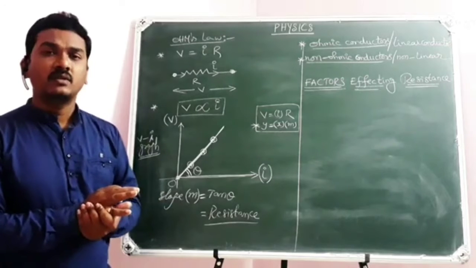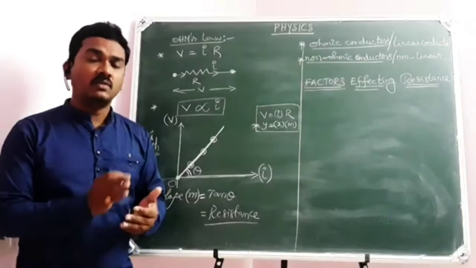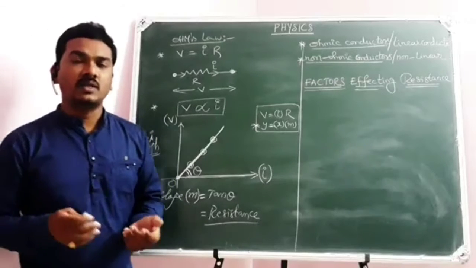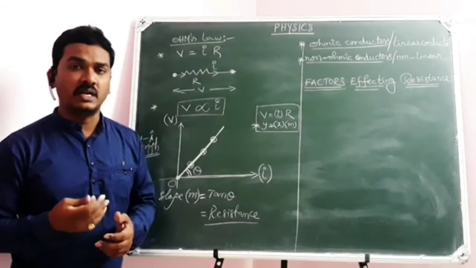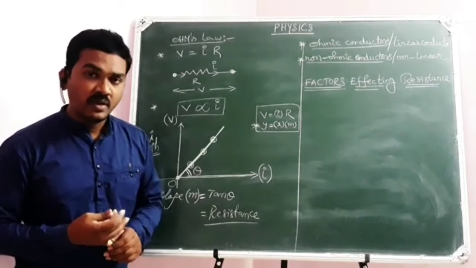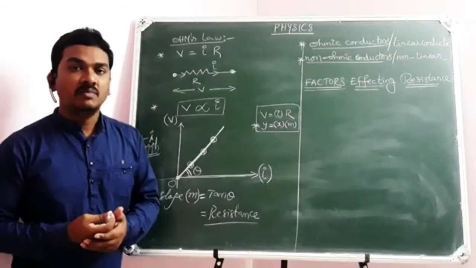It is not compulsory that all the conductors should have the same resistance. For example, if you have taken copper and silver, silver is the better conductor than copper. Of course, as copper is more available in nature and at less cost, we prefer copper as a conducting wire. But silver is the better conductor.